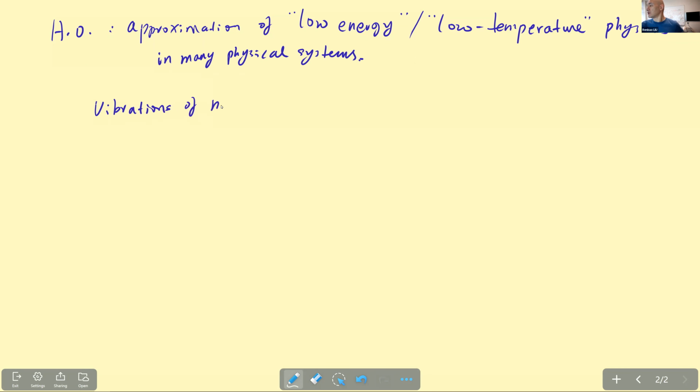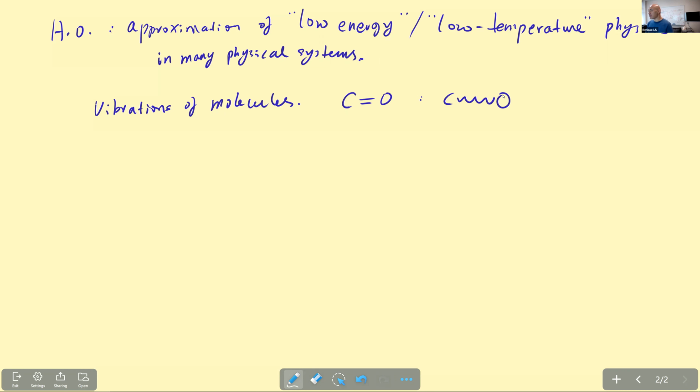of molecules. For example, you can have carbon monoxide, and these two atoms are almost like a spring connecting them, so they can vibrate.